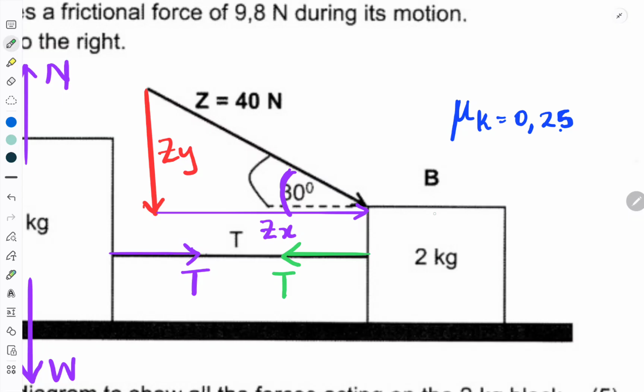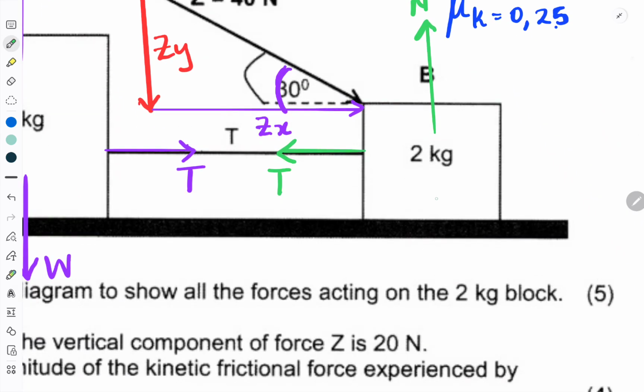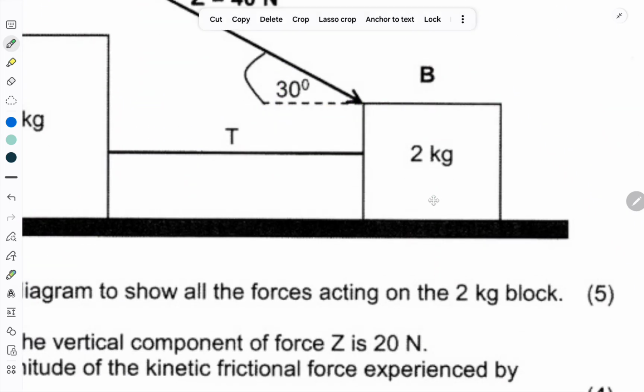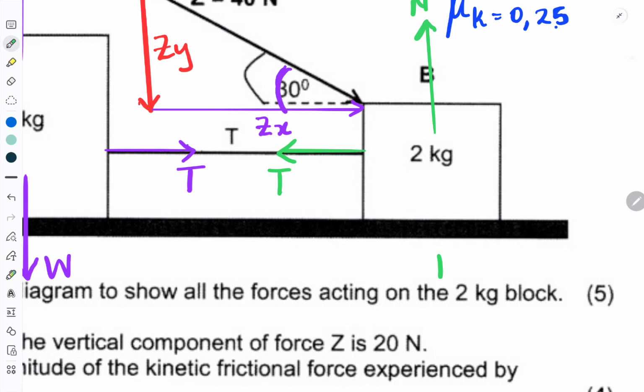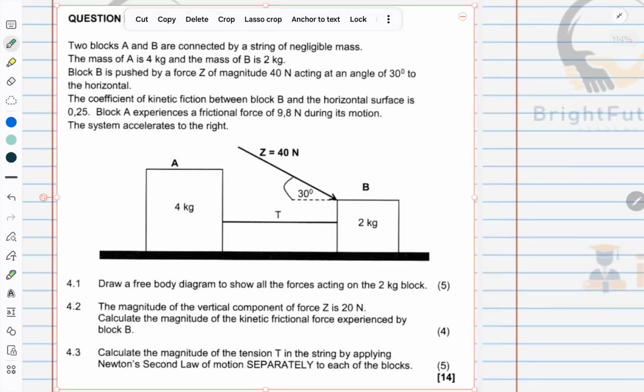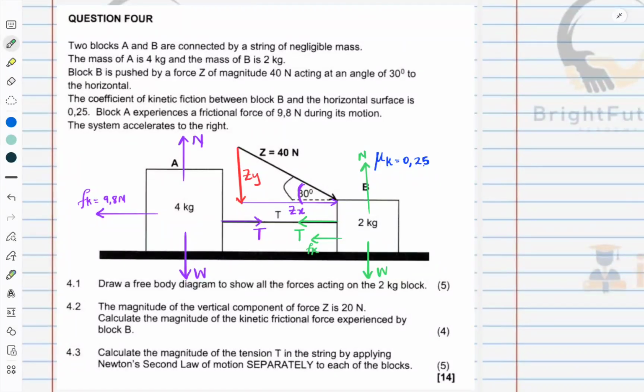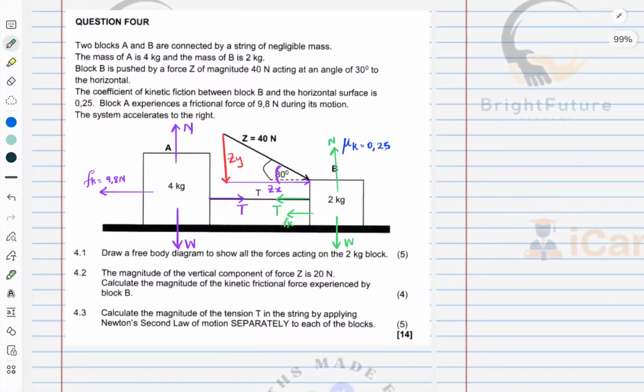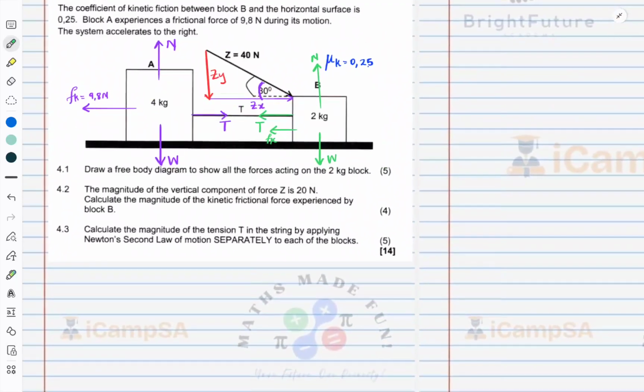Then we have that force Z, and a normal force here, N or Fn. Then we have weight, W or Fg. It's up to what your teacher prefers, I just prefer W. And then we have friction going that way as well, Fk. These are all the forces that we have. My N doesn't look very perpendicular, but just assume it's perpendicular because it has to be. When you draw it, make sure it looks perpendicular on your side.